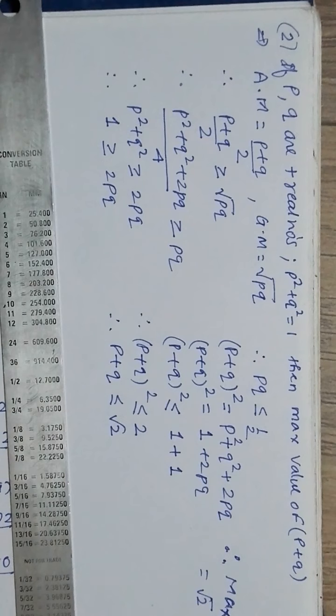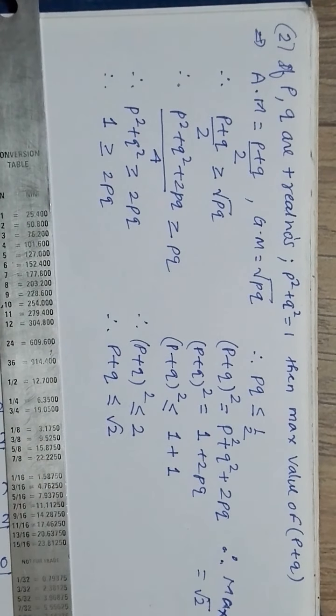So that root 2 also will go there. So using the relationship of sin theta, which is greater than or equal to minus 1 but less than or equal to 1, that is the domain relation, you will get the same result, that the value of p plus q is less than or equal to root 2.